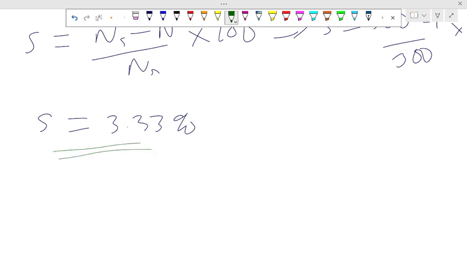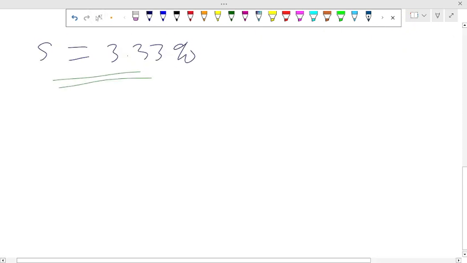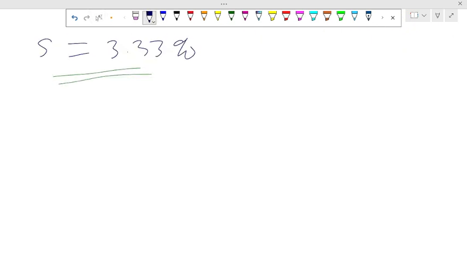But if you want to calculate the frequency of rotor current, you can also do that too. Although it's not in this question, if you want to do that, just say it equals s times f.